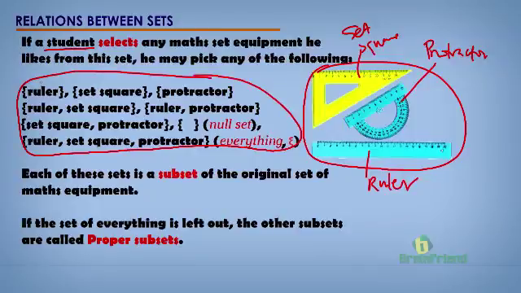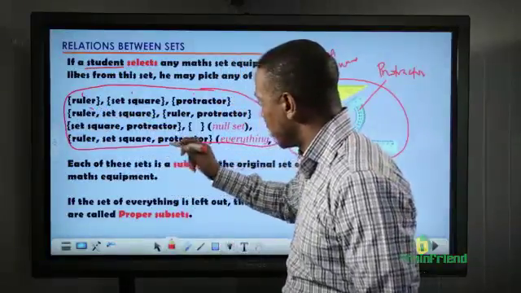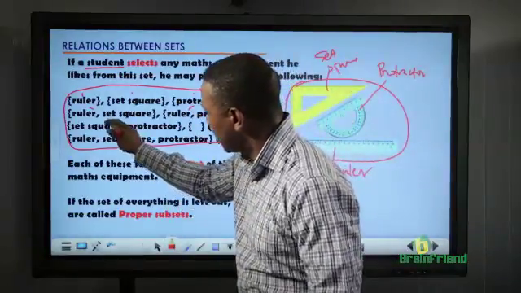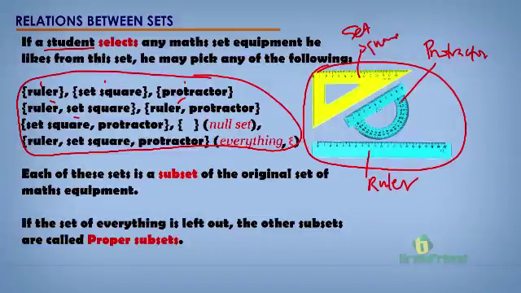He could select 1 at a time, like we said, just a ruler, or just a set square, or just a protractor. He could also select 2 instruments at a time. Maybe he selects the ruler and the set square, or the ruler and the protractor, or better yet, the set square and the protractor. He could also select nothing, or he could select everything.